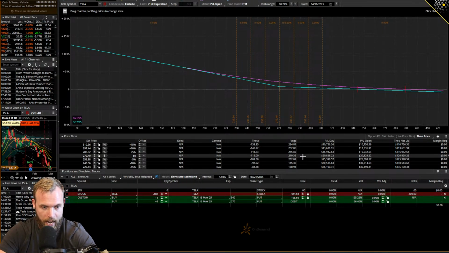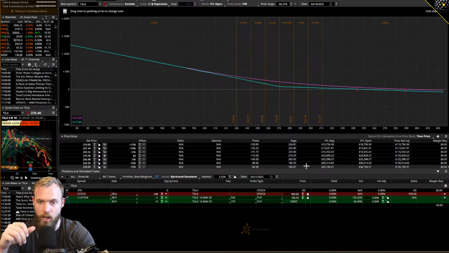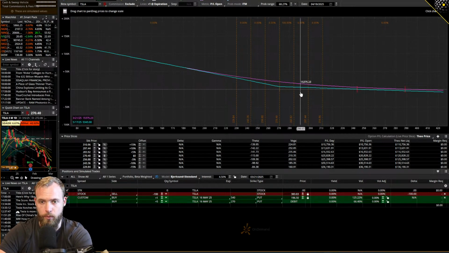So this is like an actual position that I put on, not this one specifically, but close to it, where there's a deep in the money leg and then there are kickers outside of it. This is an example of how, rather than trading the underlying, in this case we're just talking about downside. It doesn't matter if it's downside or upside, same concepts apply.